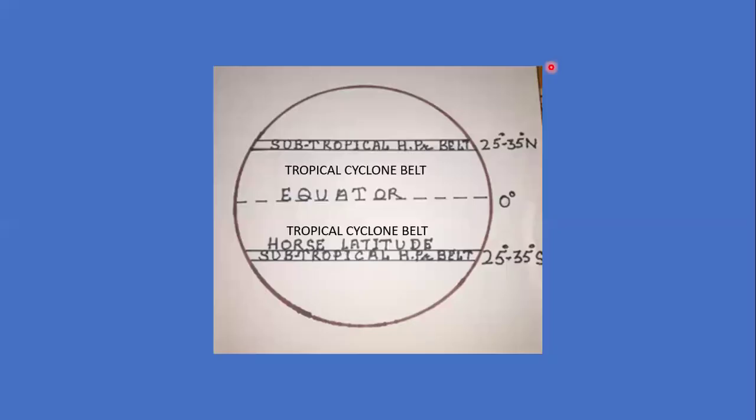Cyclones. There are two types of cyclones, tropical cyclones and temperate cyclones. Tropical cyclones develop in the tropical areas between the Tropic of Cancer and the Tropic of Capricorn.